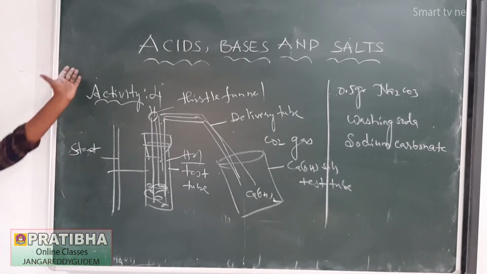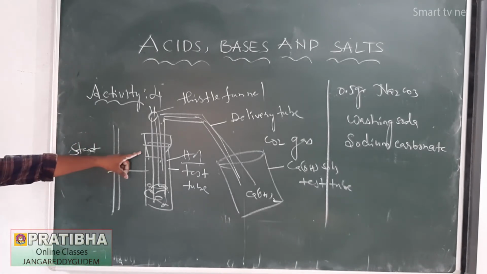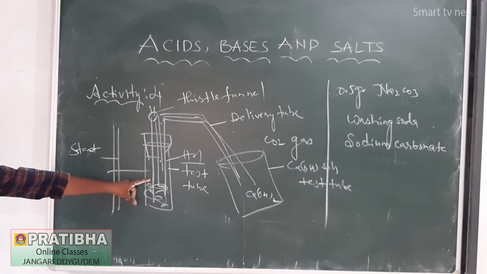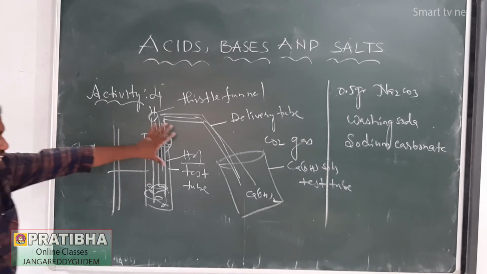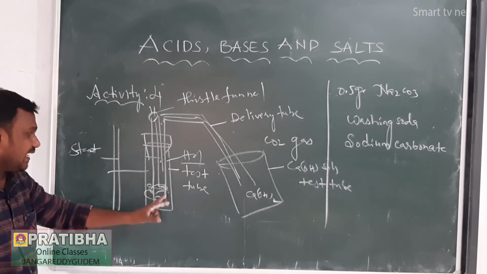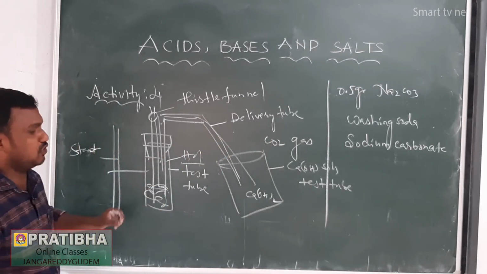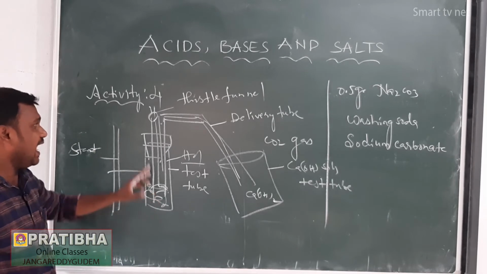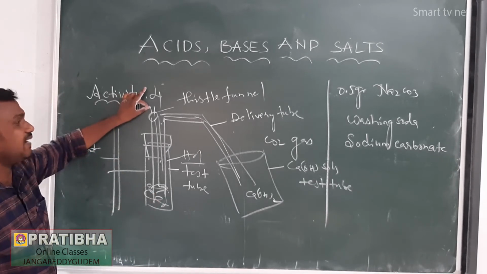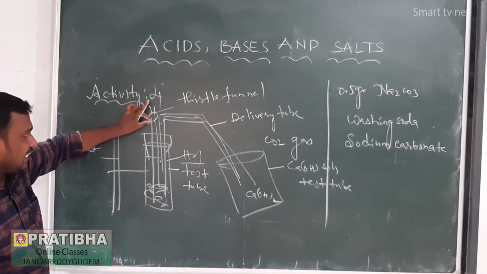First of all, before going to the activity, we can take a test tube and arrange the apparatus like this. After that, we can take a small amount of sodium carbonate, 0.5 grams, and via the thistle funnel, we can add dilute HCl drop by drop.